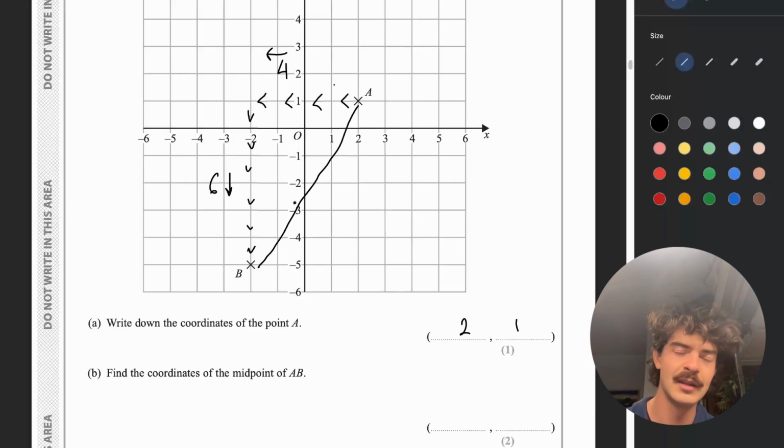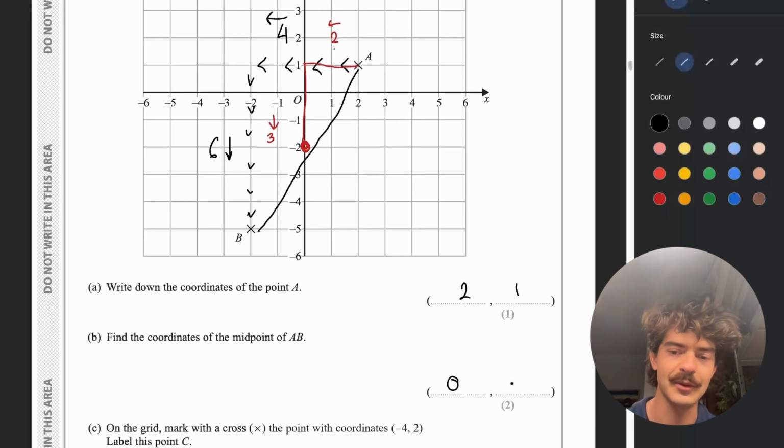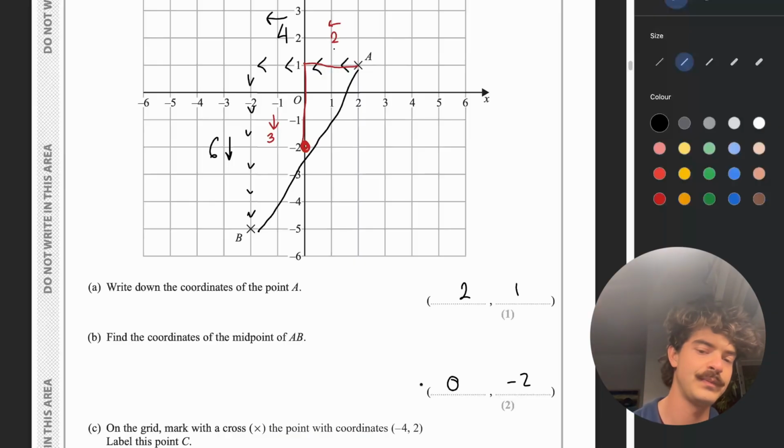So to get our midpoint, we're going to go to the left 2, and we're going to go down 3. From A, across 2, down 3, and we end up here. And what are the coordinates at this point? Well, it hasn't moved left or right at all, but it is down 2, so 0, -2.